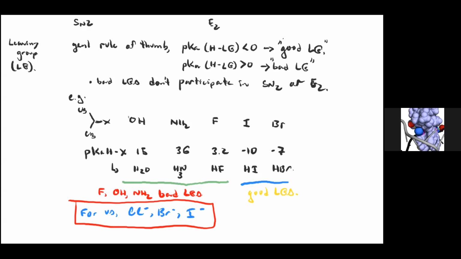The leaving group with the most acidic conjugate acid will be the best one. So iodide is greater than bromide, which is a better leaving group than chloride, okay?